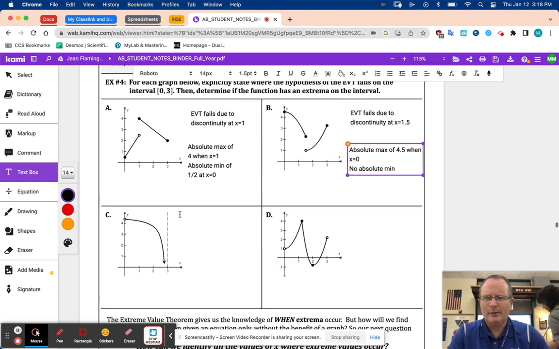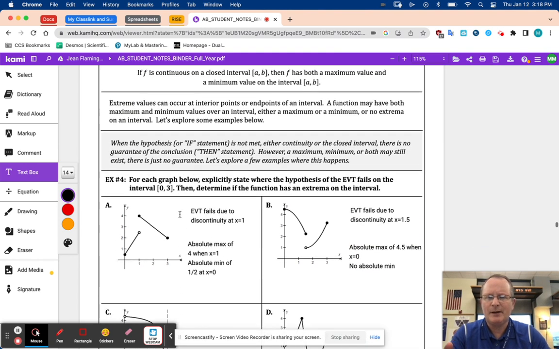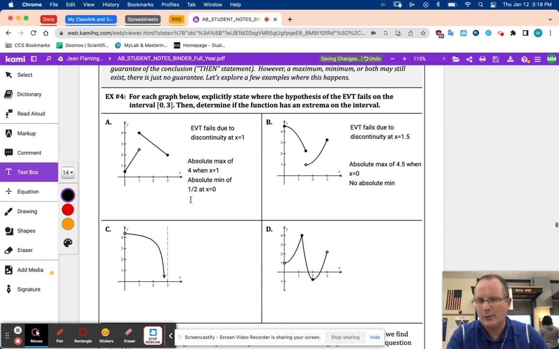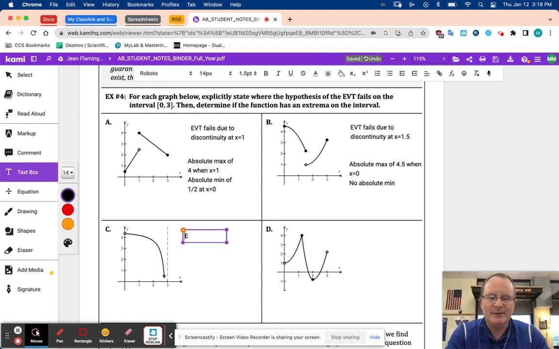Now this one's really wild. Remember, it's got to be continuous over the whole interval, including the endpoints. So we've got a mess at both endpoints here. EVT fails due to discontinuity at x equals 0 and at x equals 3, because there's an asymptote there.